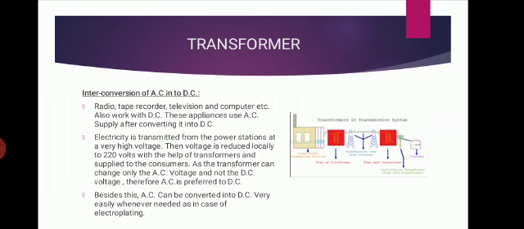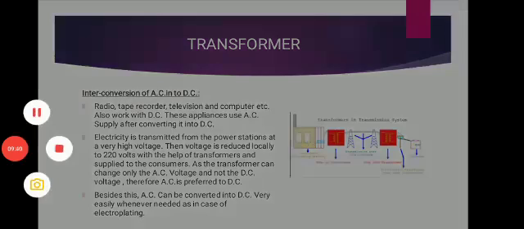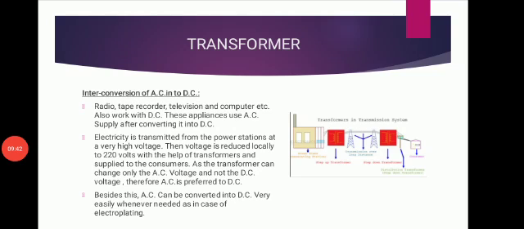Next we discuss the interconversion of AC into DC. Radio, tape recorder, television, and computer, etc. also work with DC. These appliances use AC supply after converting it into DC. You see in the figure, electricity is supplied from power stations at very high voltage.